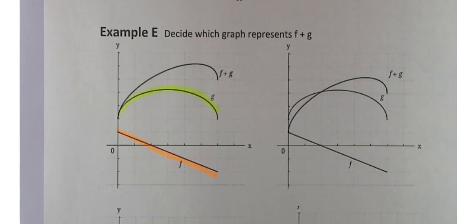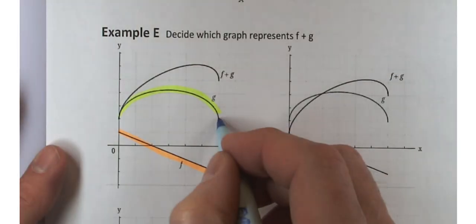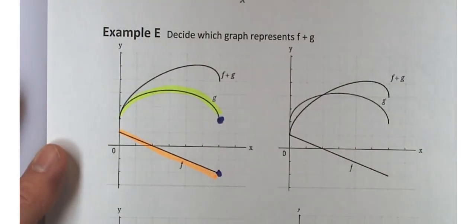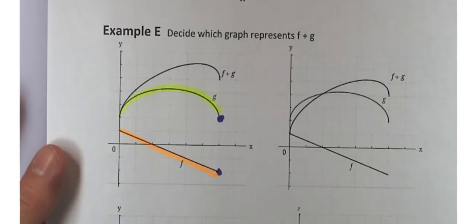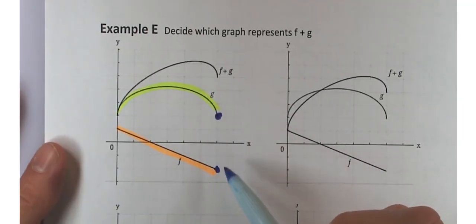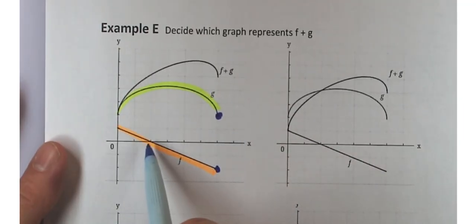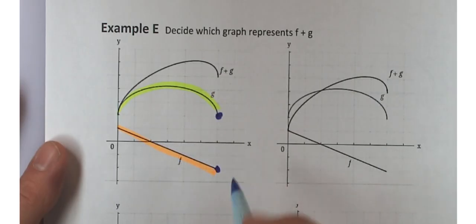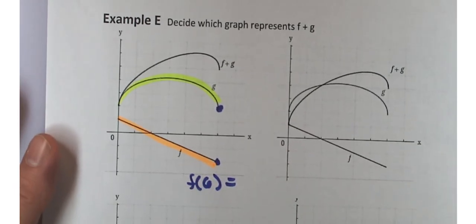Well, I guess one thing you could do is look at points. For instance, if this is the graph of F and this is the graph of G, then let's see, we've got 2, 4, 6. What's F of 6? What's F of 6 going to equal?